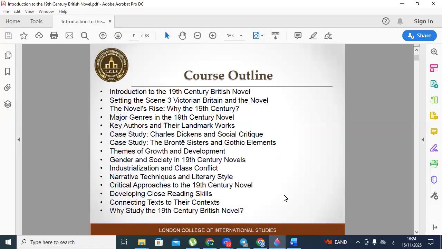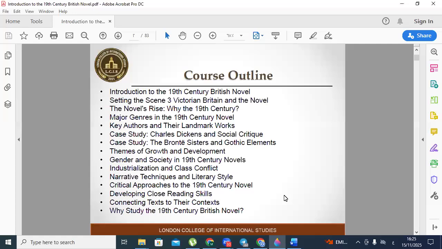Course outline: Introduction to the 19th Century British Novel. Setting the scene: Victorian Britain and the novel. The novel's rise in the 19th century. Major genres in the 19th century novel. Key authors and their landmark works. Case study: Charles Dickens as social critic. Case study: the Brontë sisters and the Gothic elements. Themes of growth and development.